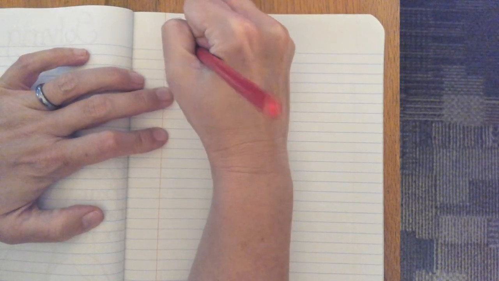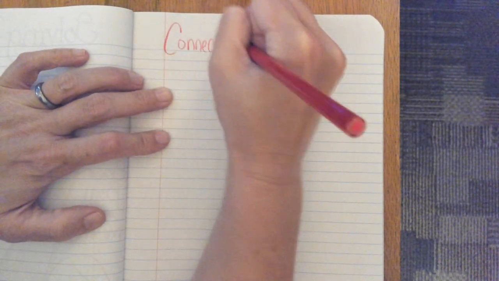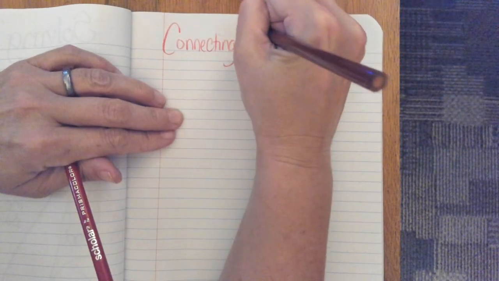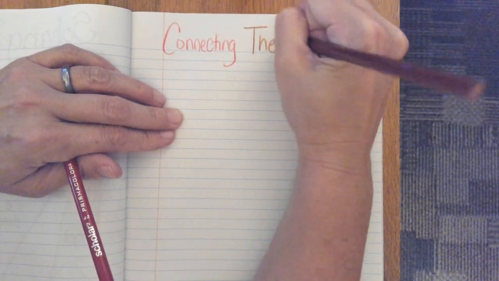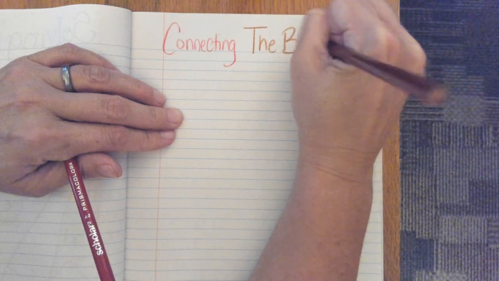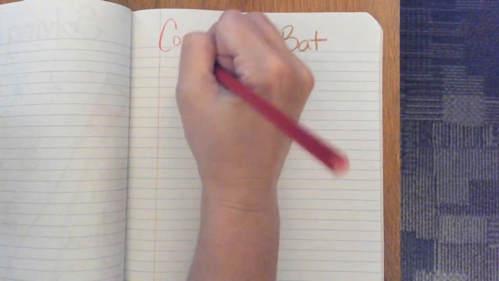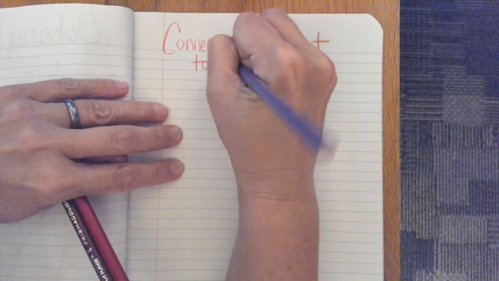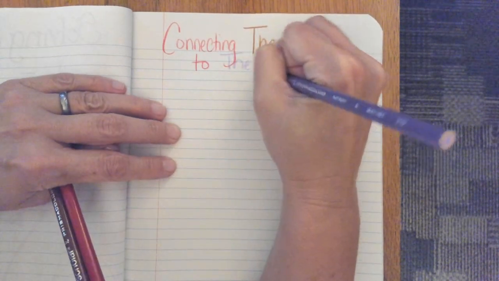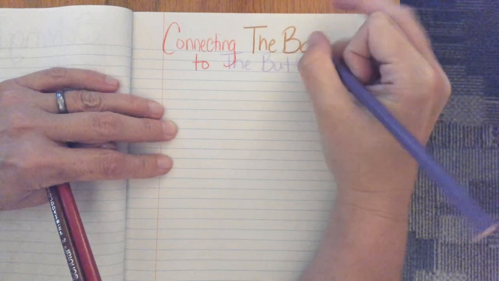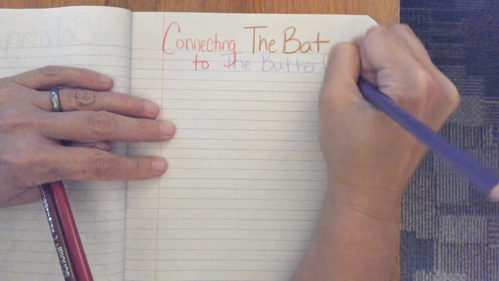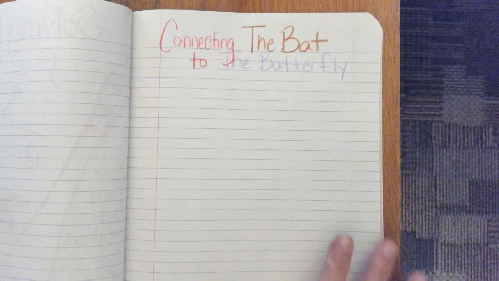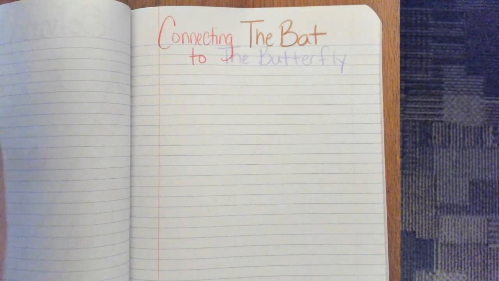And I'm going to call this connecting the bat to, and the other thing I called it was the butterfly. Okay, and why am I doing this to you? Well, because some of my videos I use the butterfly, and so I'm wanting you to know what in the world I'm talking about.